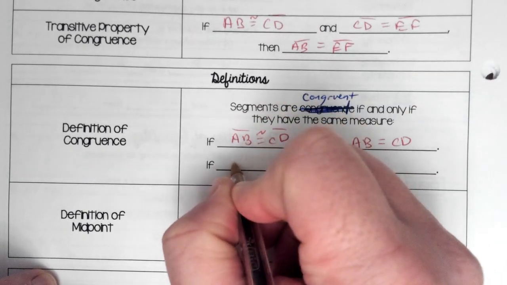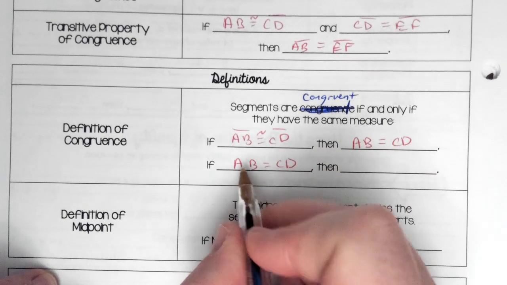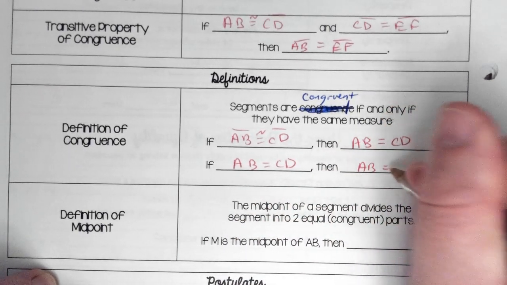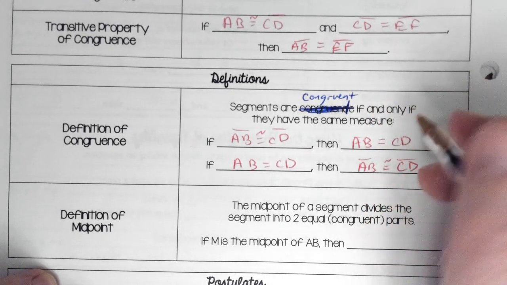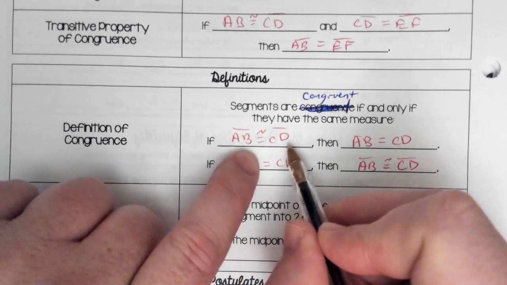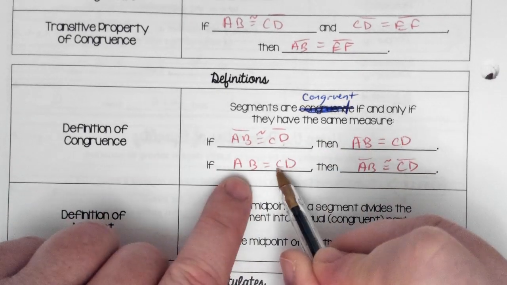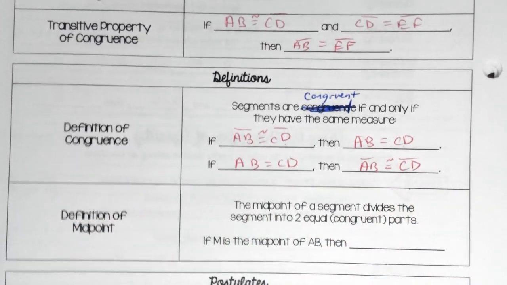The mirror image. So AB is equal to CD. So if 5 is equal to 5, then my blue pen is equal to my orange pen. So they're congruent. So if the lines are congruent, then they're equal as well. If they are equal, then they're congruent.